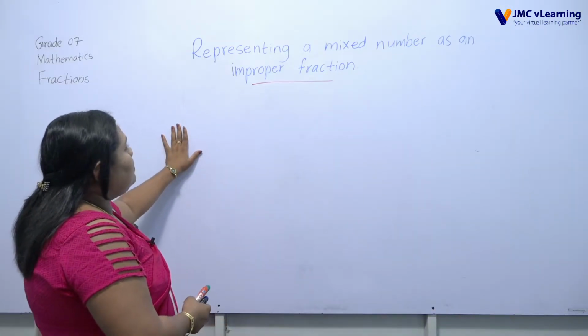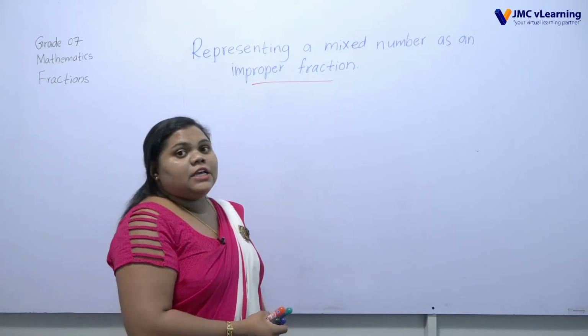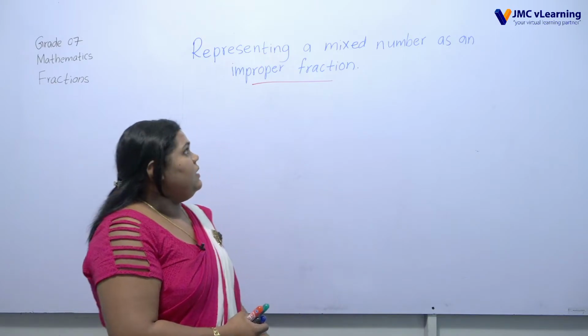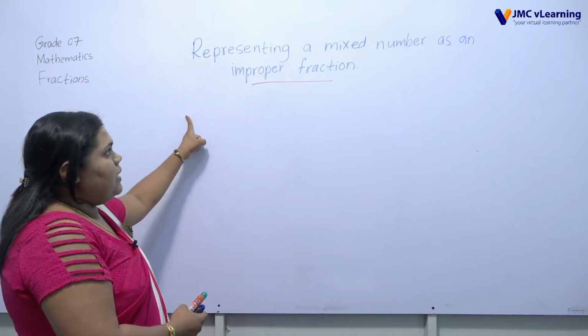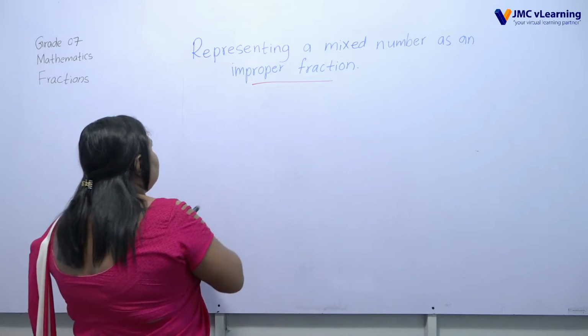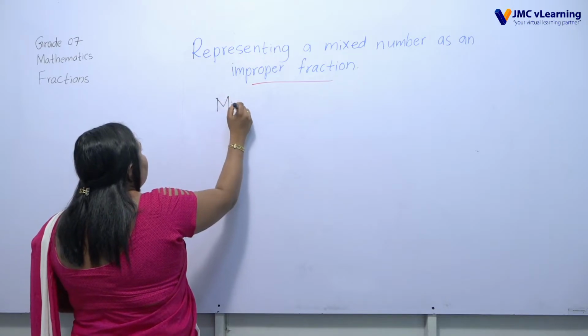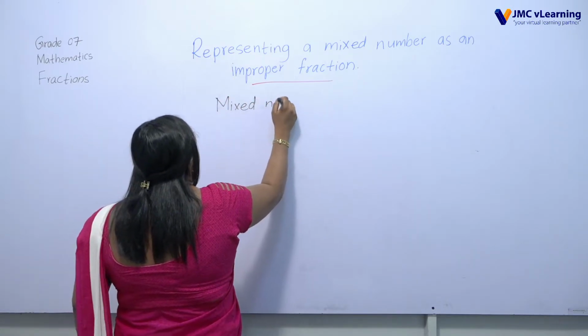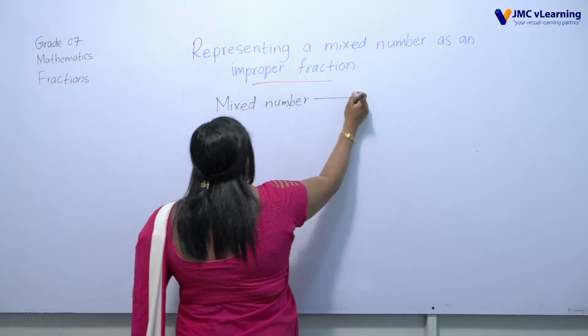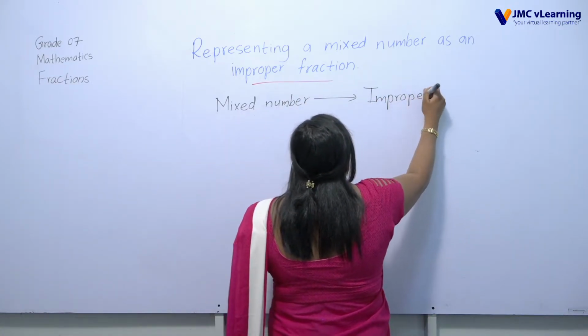Okay, now we are going to learn about representing a mixed number as an improper fraction. It means we can convert a mixed number into an improper fraction. Okay, children, we can convert a mixed number into an improper fraction.